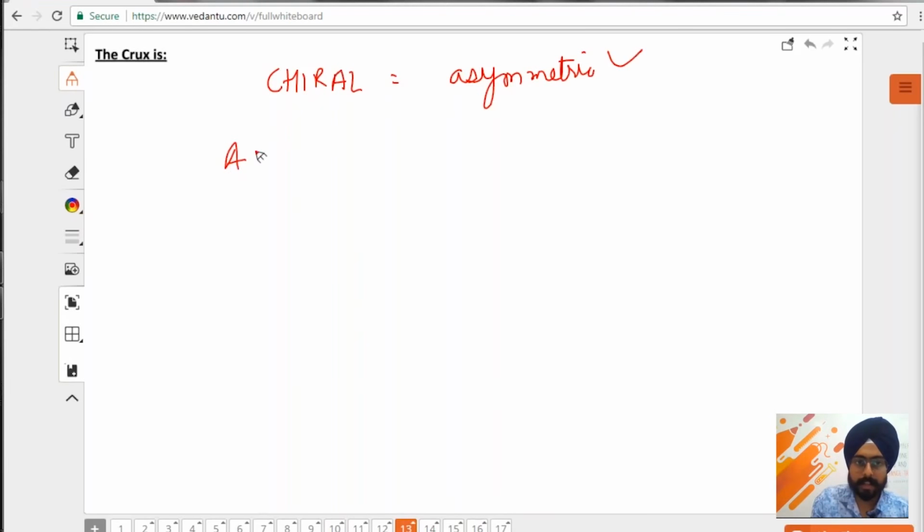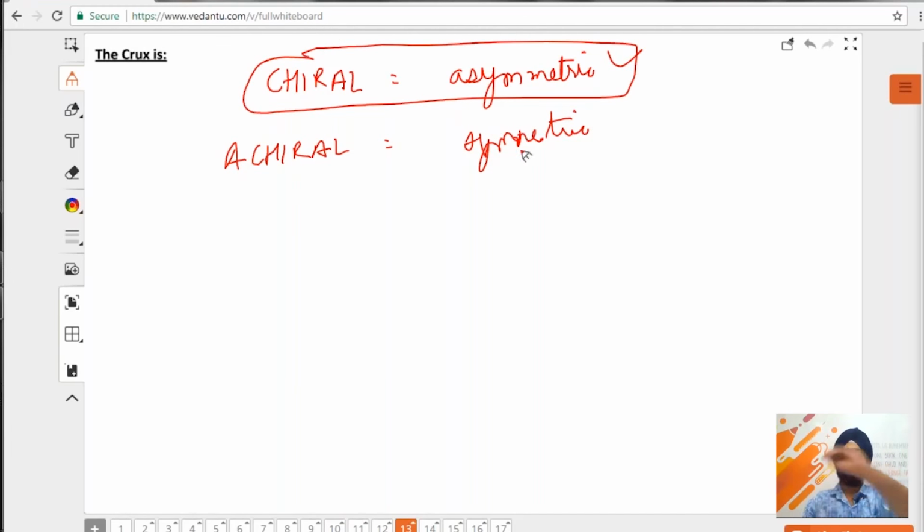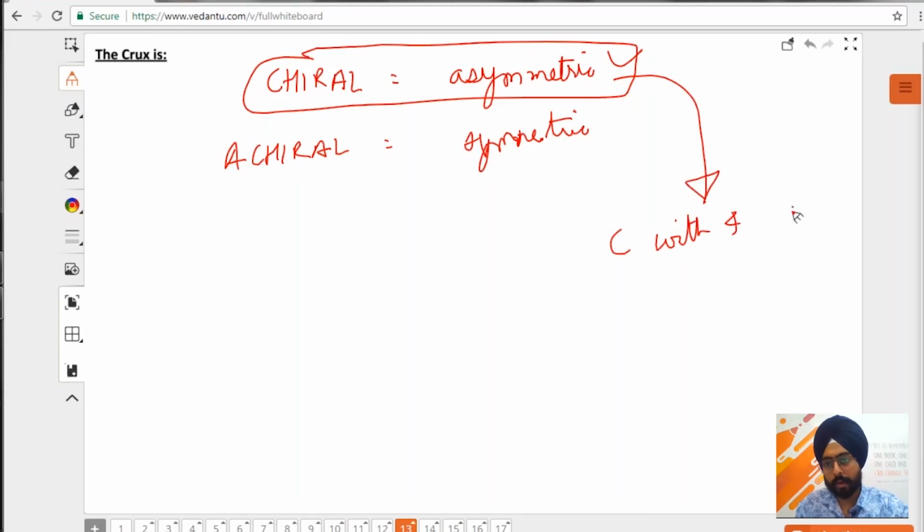Okay, and if I say achiral, this is symmetric, which means I can superimpose its mirror image. Let's just focus on chiral. You don't have to even think about what I told you. All you need to see is carbon with 4 different substituents.